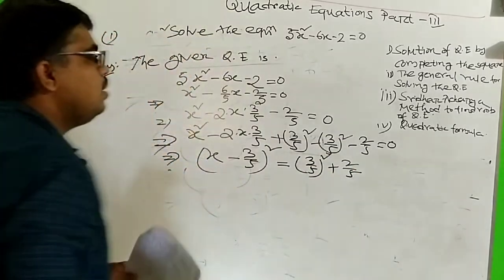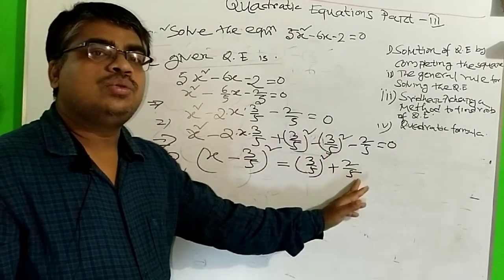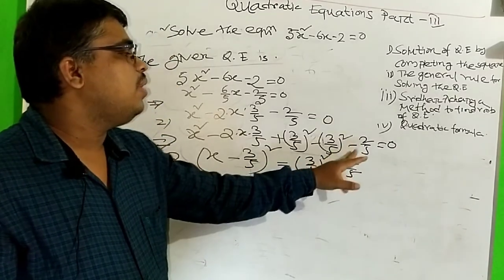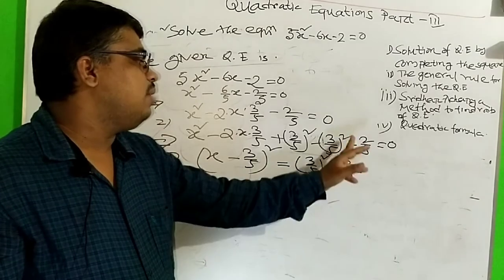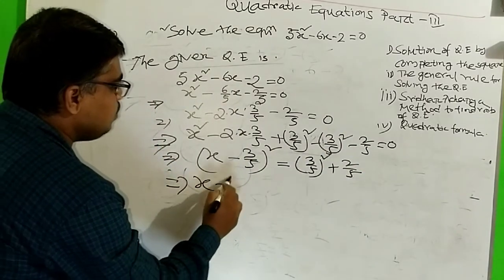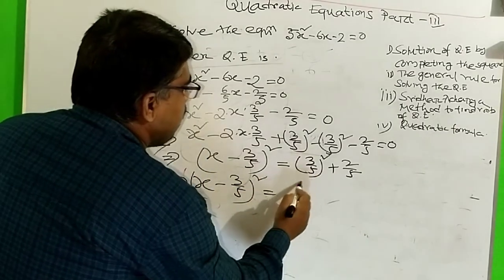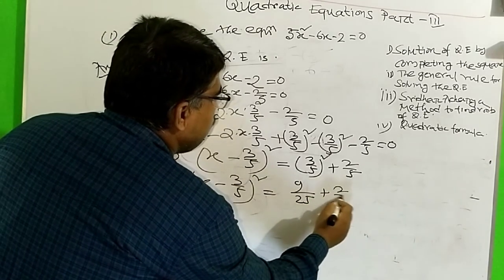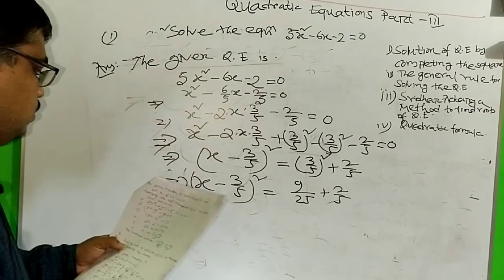We transfer the term minus 3 by 5 whole square to the right hand side, and the term minus 2 by 5 to the right hand side, and they become positive terms. This implies x minus 3 by 5 whole square equal to 9 by 25 plus 2 by 5.